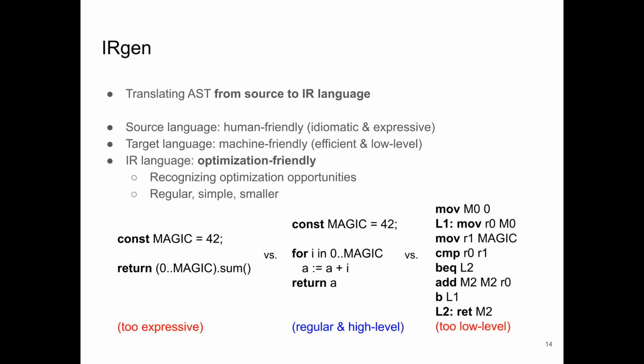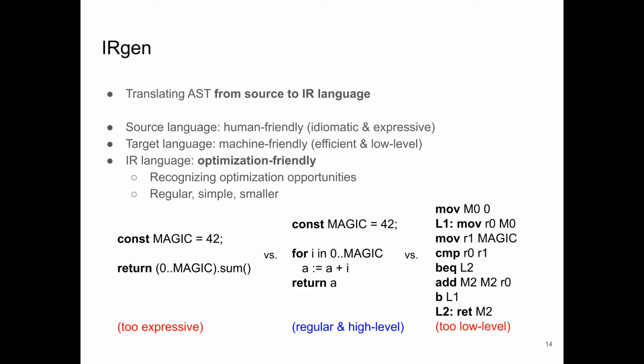But both of them are not very well suited for optimizations, because source languages make a lot of abstractions, and it is usually difficult for compilers to find optimization opportunities inside this very rich code. And target languages are very low level, with all the small instructions executing a tiny job of computation. So again, it is really difficult to find optimization opportunities inside these target languages.